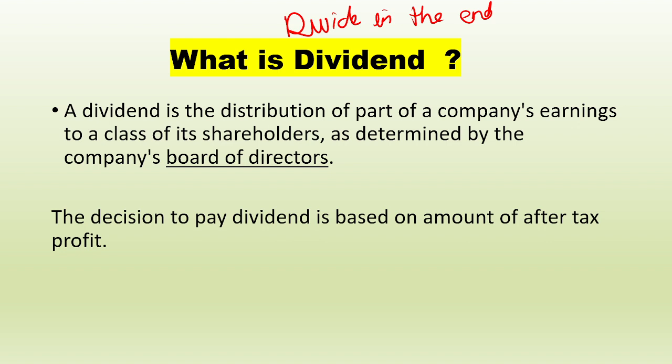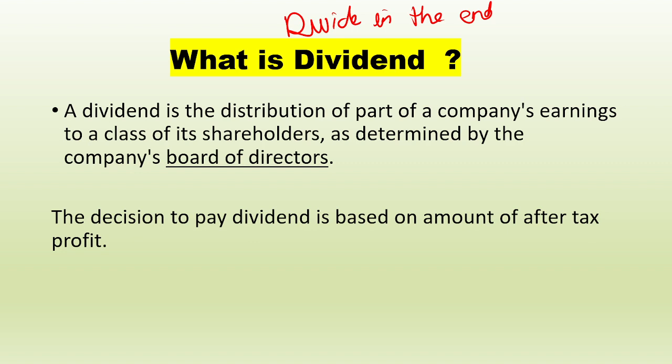But the equity shareholders are like the family members, like the members of our house. They are not the guests, but the preference shareholders are the guests. So on a regular basis you will have to give dividend to them, but to equity shareholders, if some amount remains with the company, from that amount the dividend will be paid to the equity shareholders.